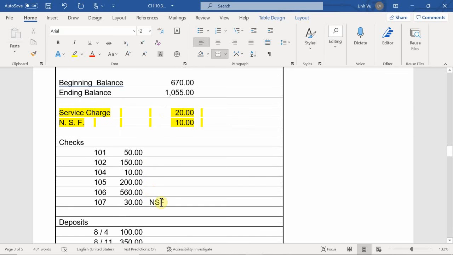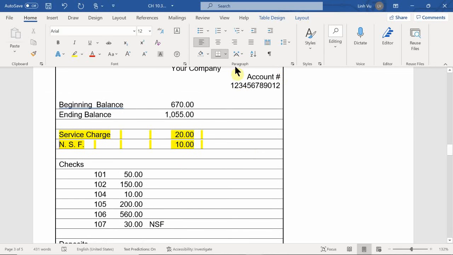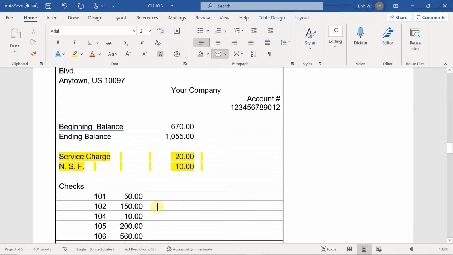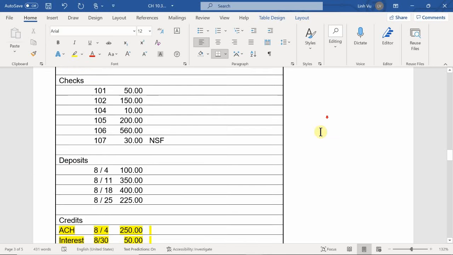Now in this case, the check still cleared. If it was a bounce check, it would have put it up here saying you wrote a bounce check and that you owe this much money, and you wouldn't have $1,000 in your bank. You would have significantly less. So in this case, the bank processed it for you, just because it was only $10. I got charged for services for $20 and an NSF for $10.